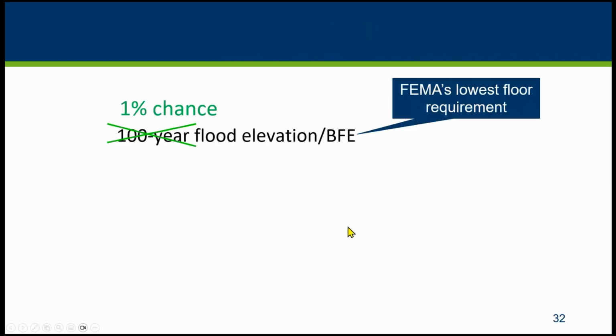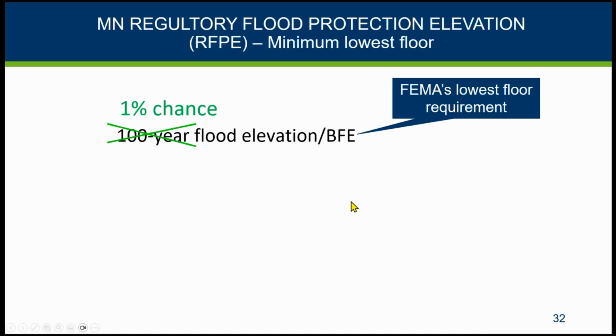So one other key definition that we look at is what's the lowest floor requirement. Nationally, the lowest floor of any new buildings or substantially improved or damaged buildings has to be at the base flood elevation. And then in Minnesota, right from the beginning, we said, well, that's really not enough.